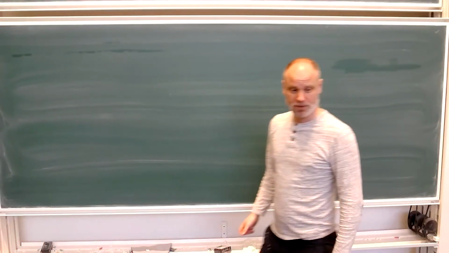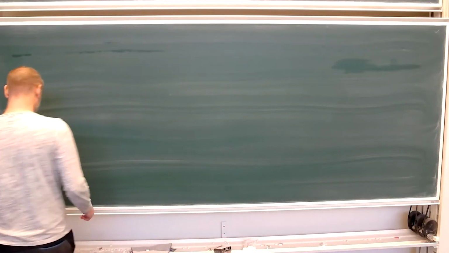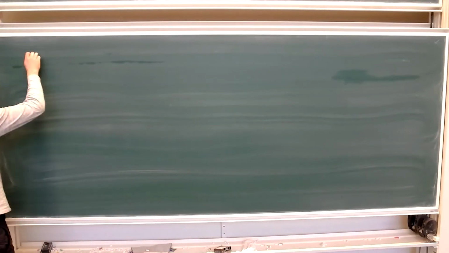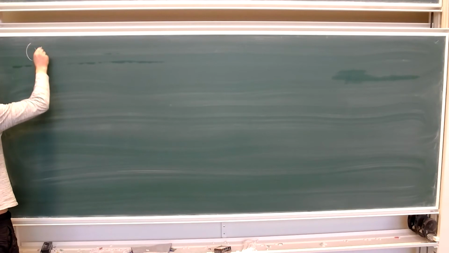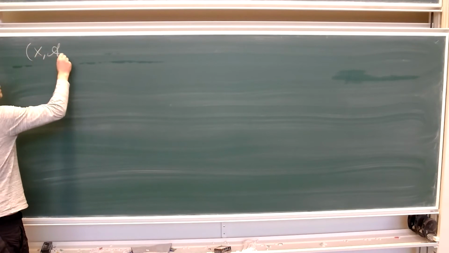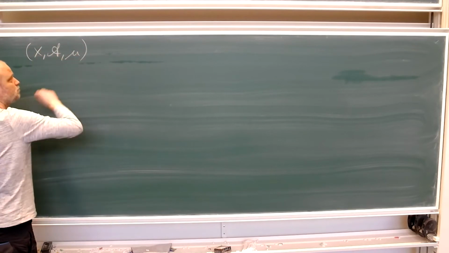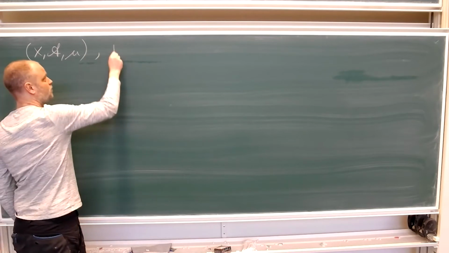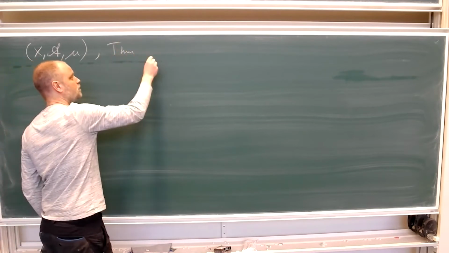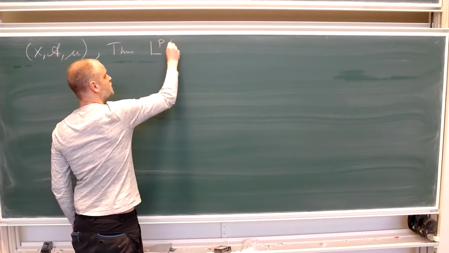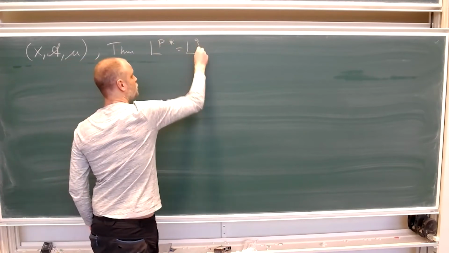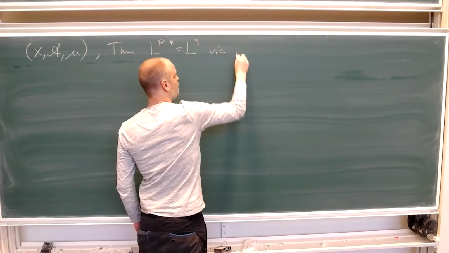Okay, so to wrap up this lecture, let's do things a bit more thoroughly. So we have a space X, a sigma algebra A, and a measure mu. And then we have the following theorem: L^p star is equal to L^q via the pairing.